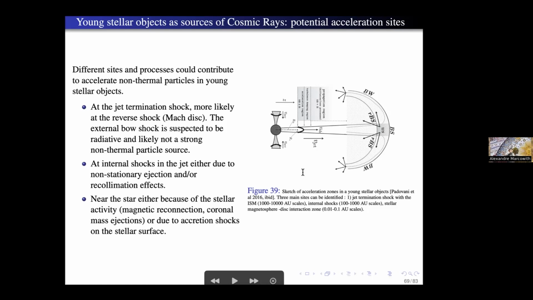Behind the shock, you have radiation in X-rays, which can ionize. Also, likely the acceleration timescale can be much smaller. Then particles can get rid of the losses, and they can get accelerated. So it is not completely excluded that radiative shocks can accelerate particles, but it's likely more difficult. Thank you.